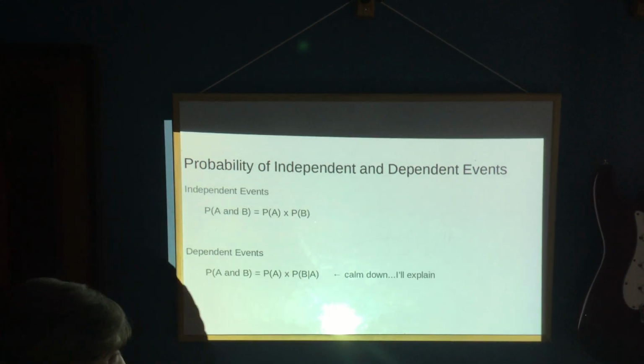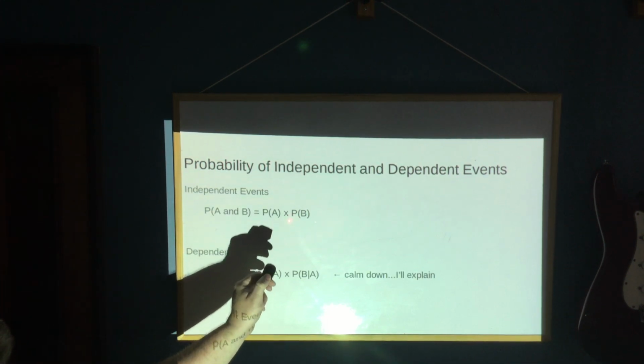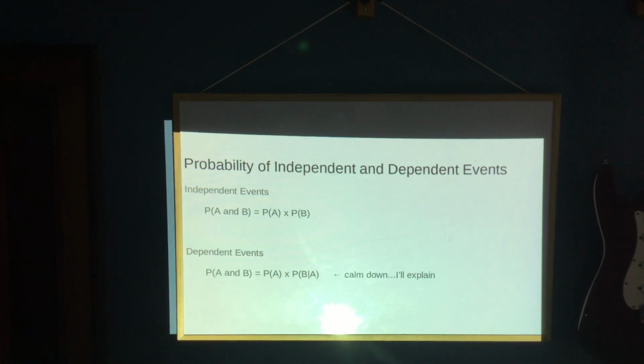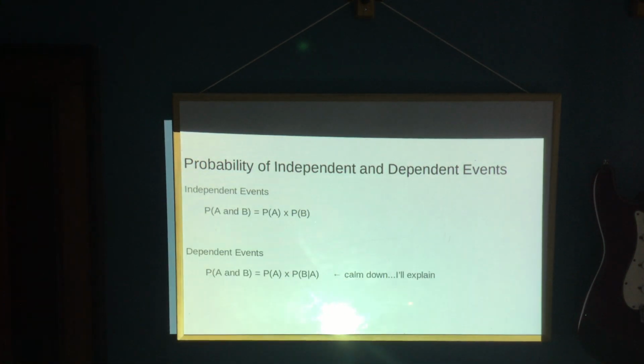If you have independent events, you take the probability of the first one times the probability of the second one. When it was OR events, we just put a plus sign here. Well, with AND events, you multiply. Dependent events. There's something in here I know that looks really, really weird to you. It's this thing right here. Like it says right there, calm down, I'll explain what it is.